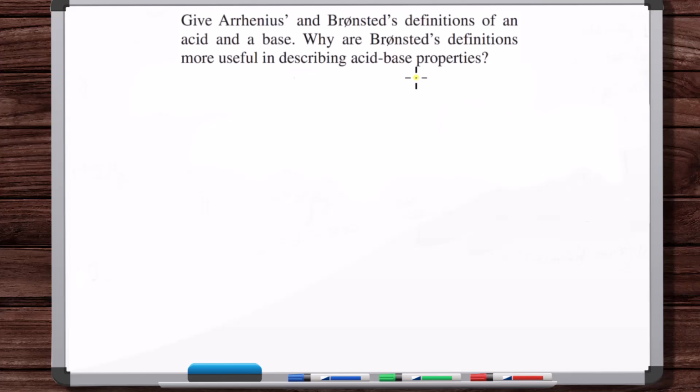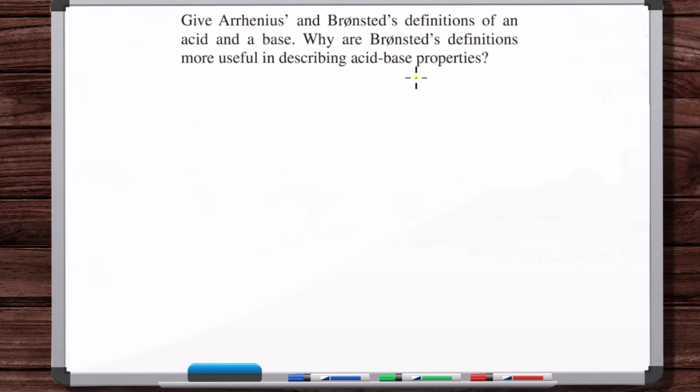But the Bronsted definition also increases the versatility of the Arrhenius definition with respect to aqueous solutions, because Arrhenius says that a base is a substance that yields OH- ions when added to aqueous solution, but Bronsted says that a base would be any substance that accepts protons when added to the solution.